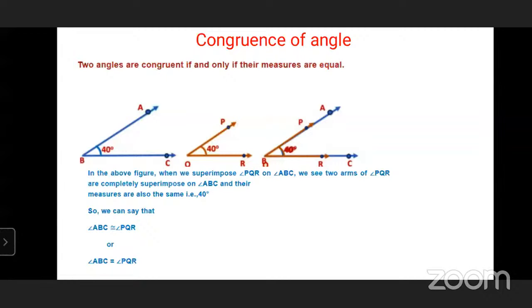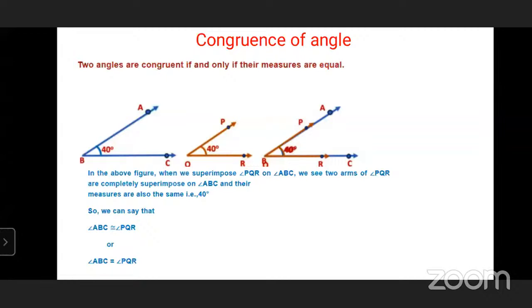As you see on the screen, the first angle ABC is 40 degrees and another angle PQR is also 40 degrees. The measurements are the same, but the length of the arms of angle ABC is longer than the arms of angle PQR.